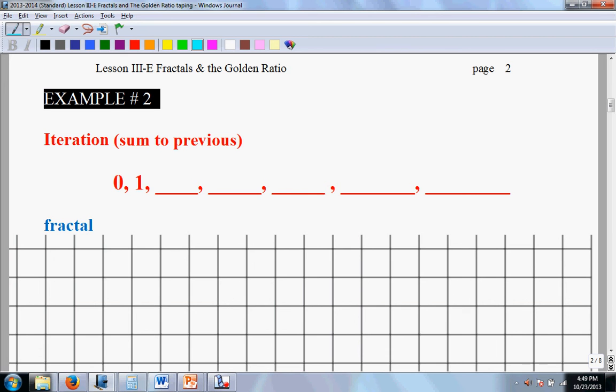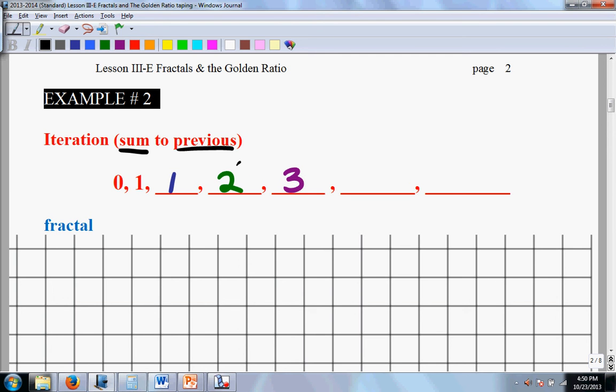Let's try another fractal here. The repeating math process that we're going to do is we're simply going to add each number to the previous number. So we started with the series 0 and 1, so 0 plus 1 is 1, of course. And then 1 plus 1 is 2. Now we add 1 and 2. We get 3.